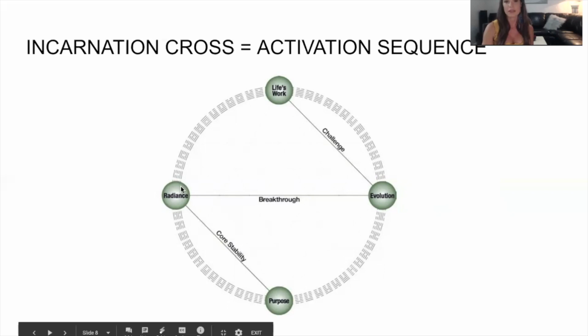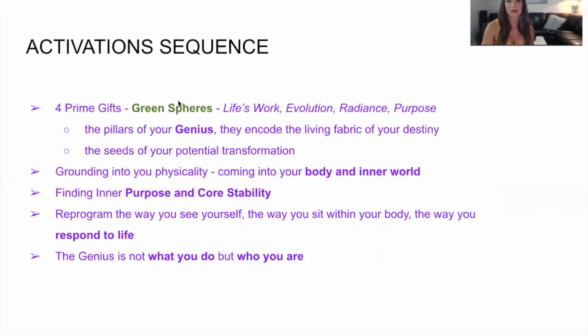And there can be an interplay between the soul and the personality. That's kind of the personality serves the soul, and can nurture the soul and add to the growth of the soul in this lifetime. So the activation sequence are the 4 green spheres, and they're called life's work, evolution, radiance, and purpose.